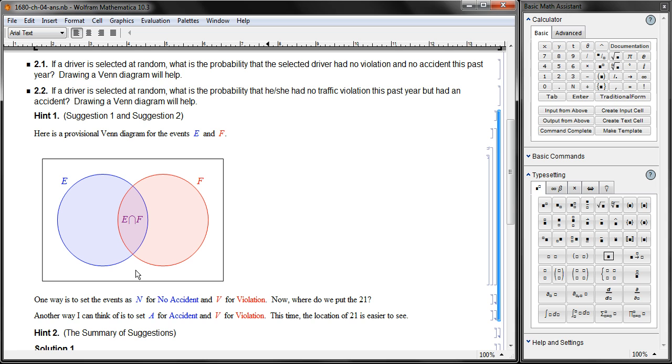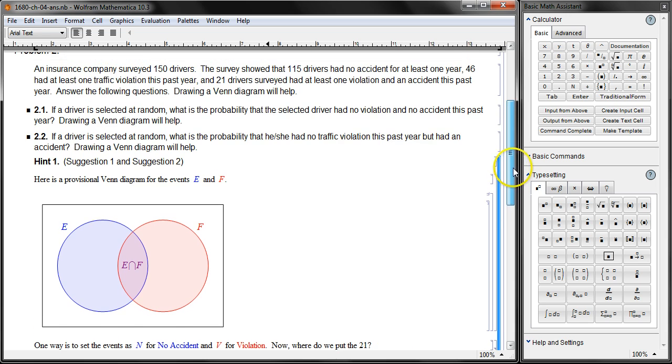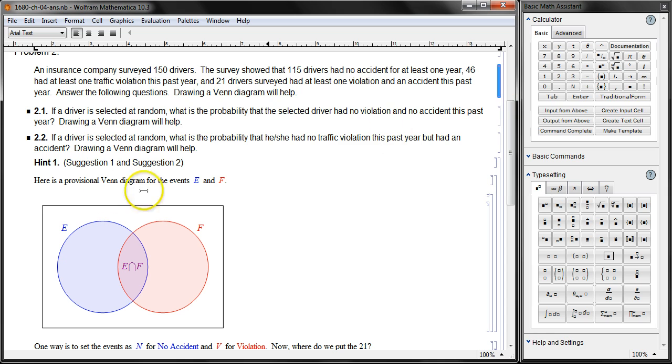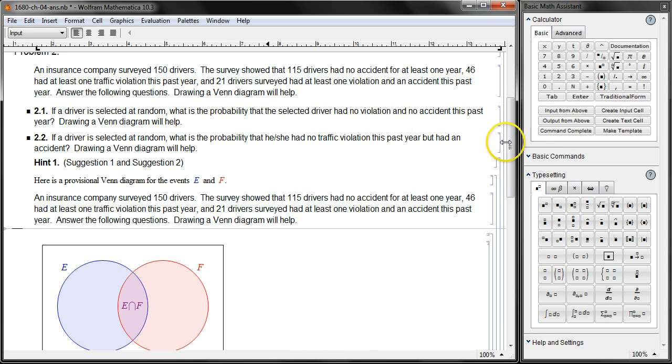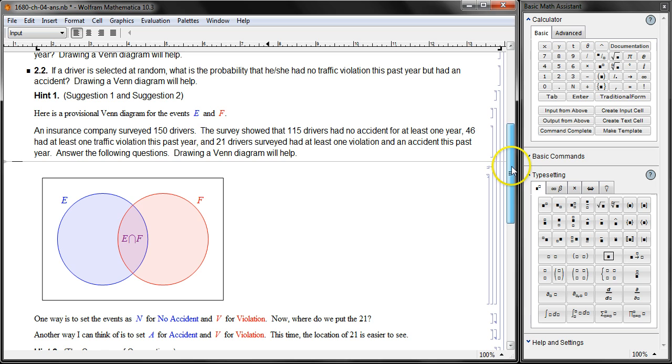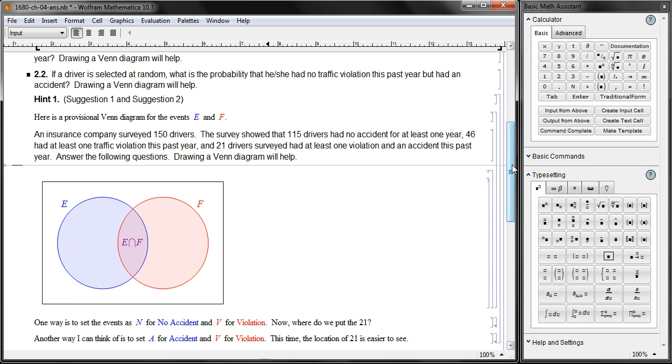Now, what is E and what is F? Let me copy this problem set here tentatively. One idea is getting N for no accident for this blue circle E and V for violation for this red circle F. Instead of events E and F, consider N and V. N will correspond to no accident, 115 drivers with no accident.